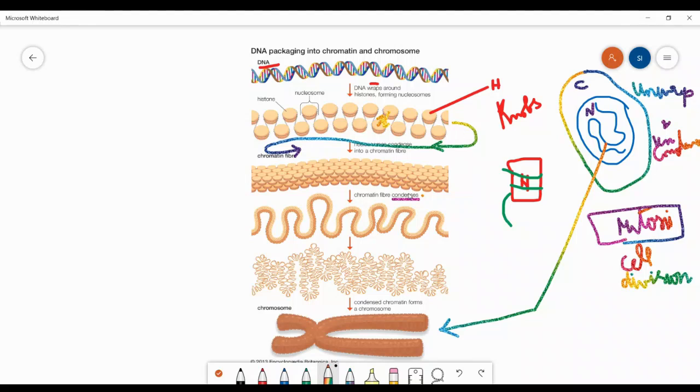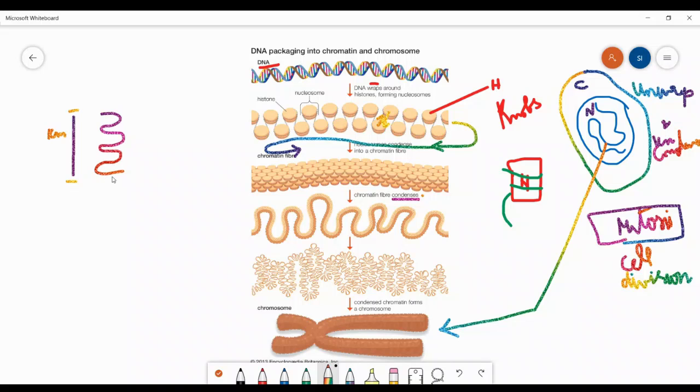So condensation occurs by forming loops, because a loop can have, suppose this is 1 centimeter of straight line. In the same space, looping helps.